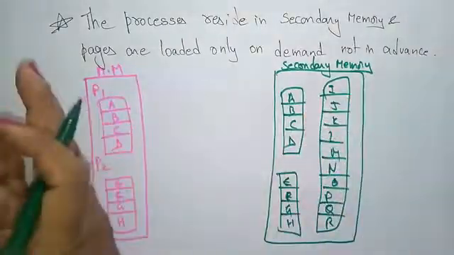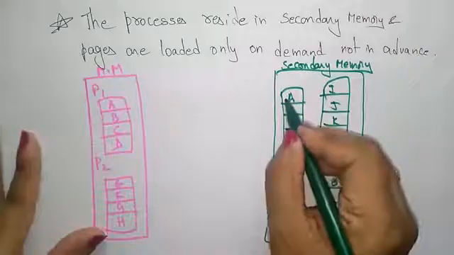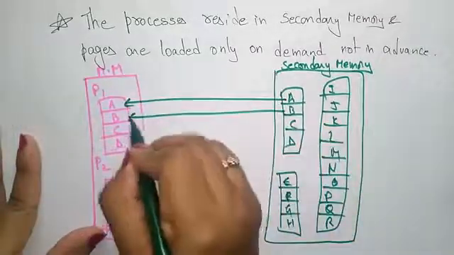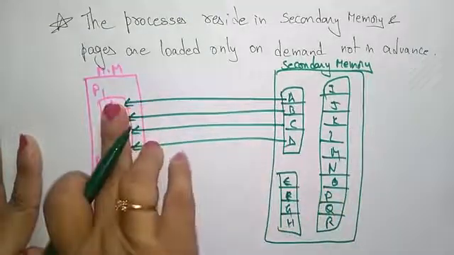Whenever the processor demands process P1, that data will be stored in main memory. At the start, all the frames are free.